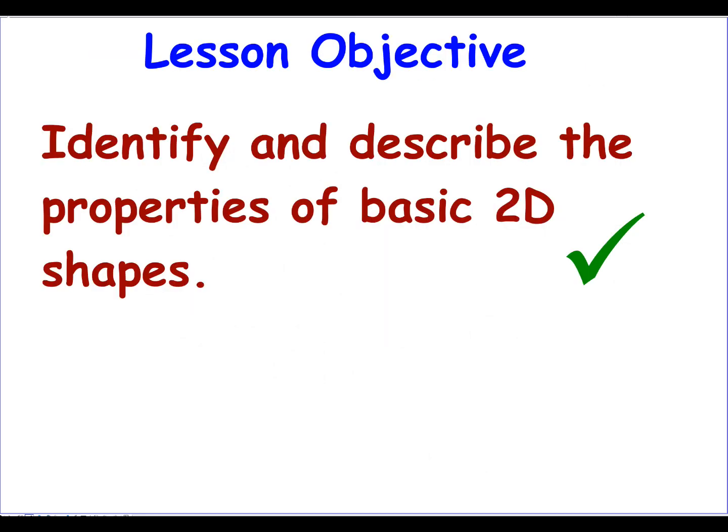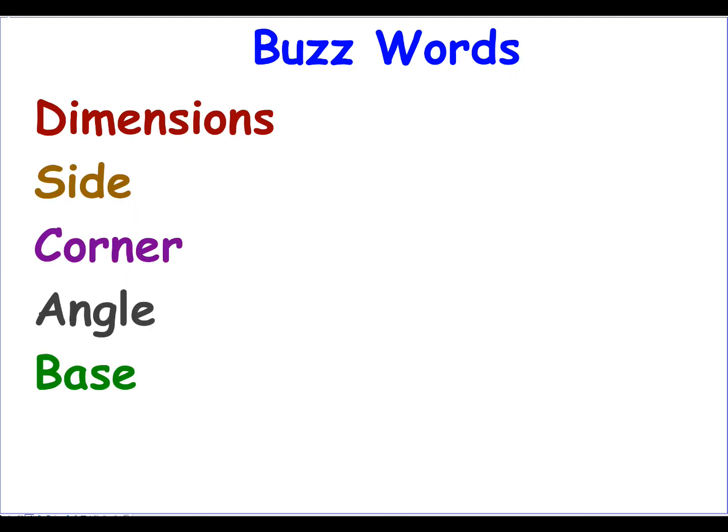And that is the end of the lesson objective, which was to identify and describe the properties of basic 2-dimensional shapes. So dimensions are the 2 dimensions that represent our shape, so the length of the sides.